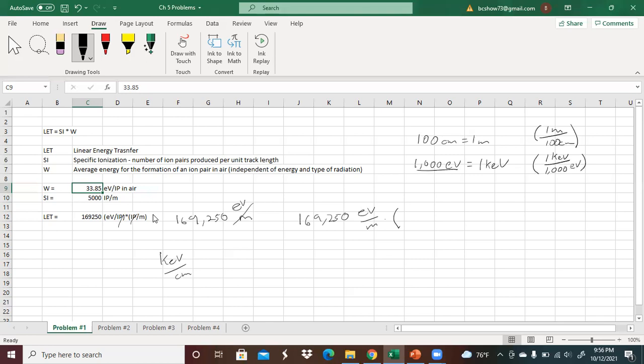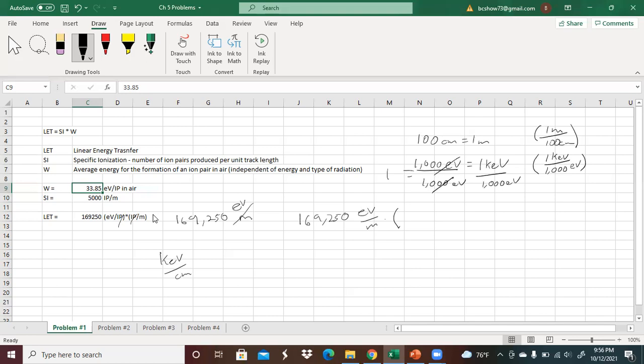Because if I divide both sides by 1,000 eV, then that cancels with that, and that is equal to 1. Same thing happens up here.